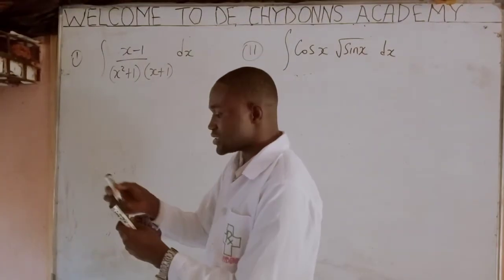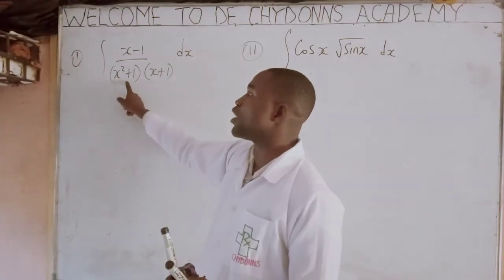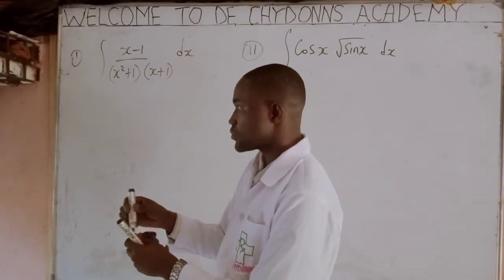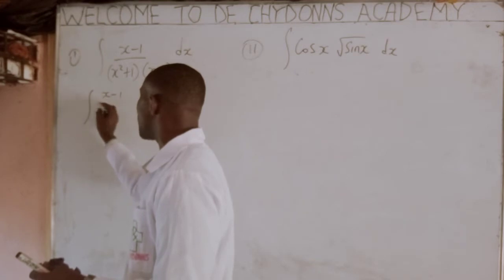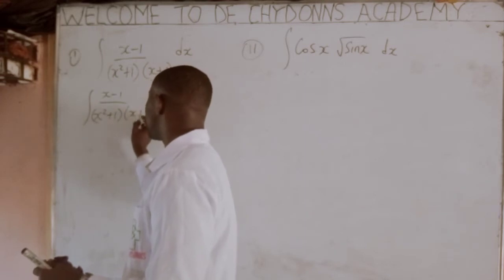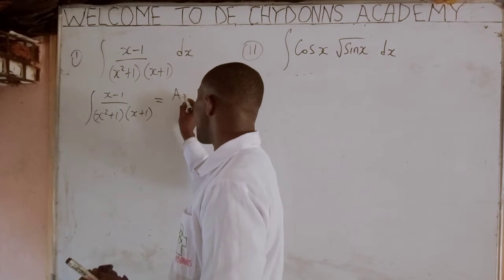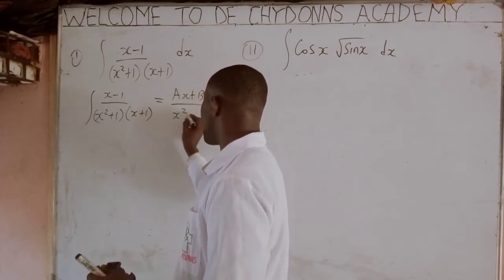You can see that in the denominator, x squared plus 1 cannot be factorized. So you now say, to integrate (x minus 1) all over (x squared plus 1)(x plus 1), that is equal to (ax plus b) all over (x squared plus 1).